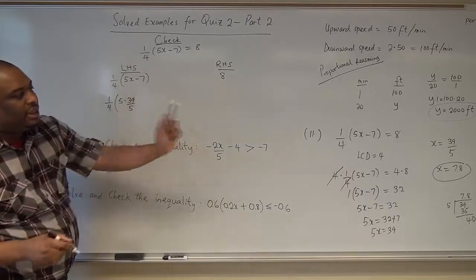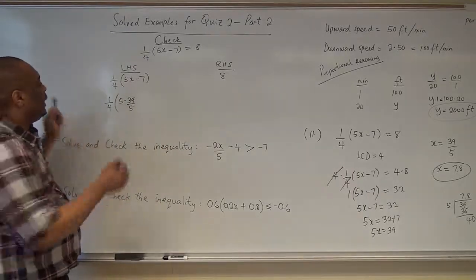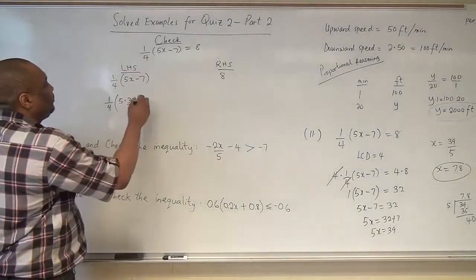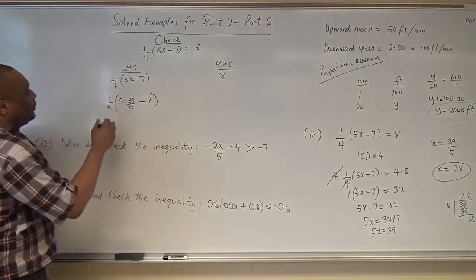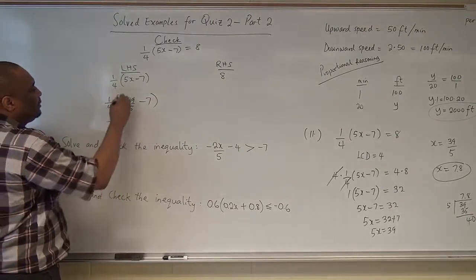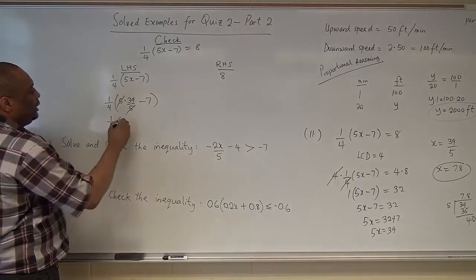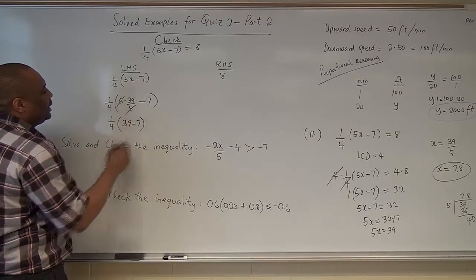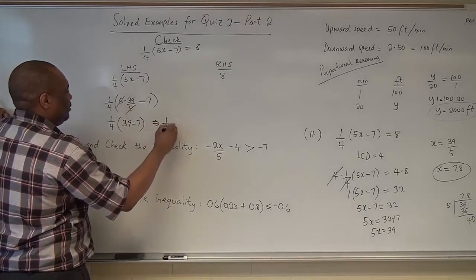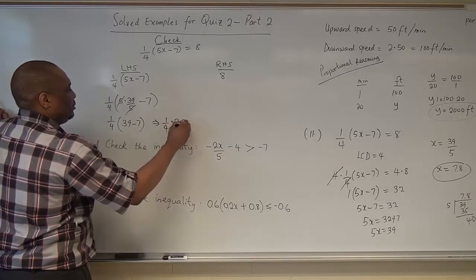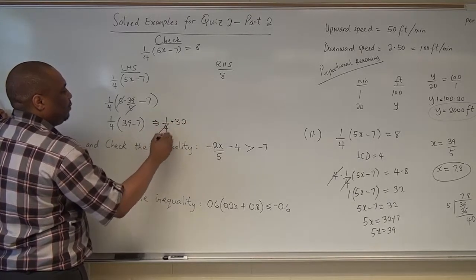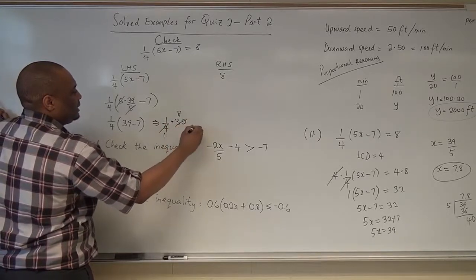If you want to use 7.8, that's fine. It will still give you the same thing. Then minus 7, and this will be 1 over 4 times, 5 divided by 5 is 1, 39 minus 7. So this implies 1 over 4 times 32. 4 divided by 4 is 1. 32 divided by 4 is 8. So this is 8.